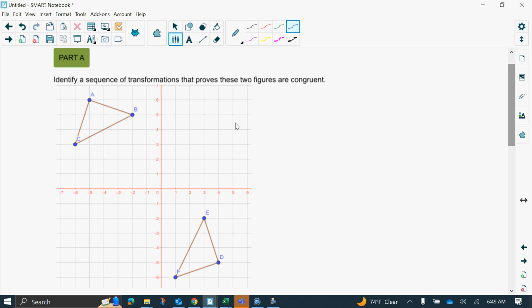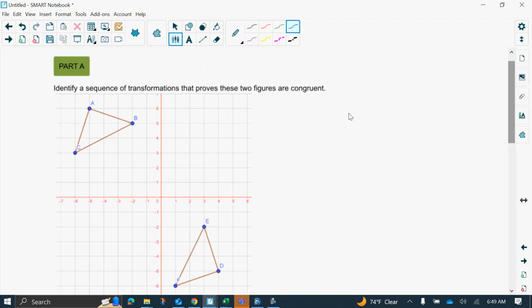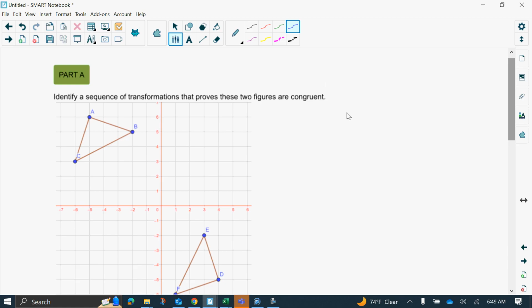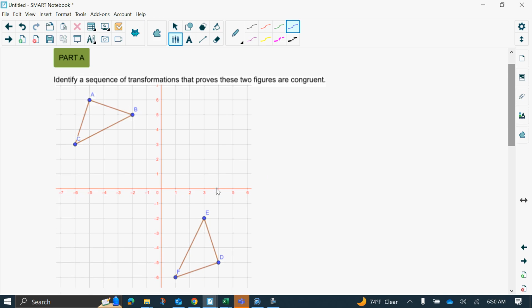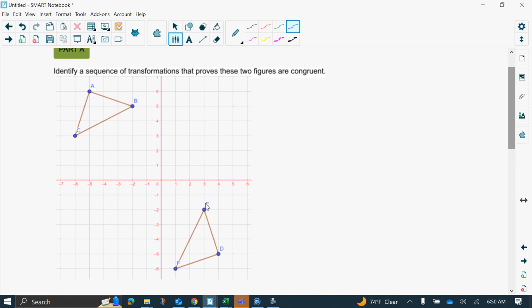And then this is the free response question. It says identify a sequence of transformations that proves the two are congruent. In other words, proves that they're the same size. In other words, we want to get ABC onto DEF.